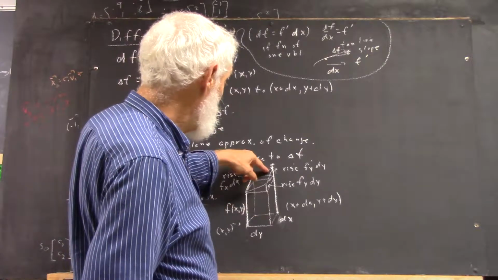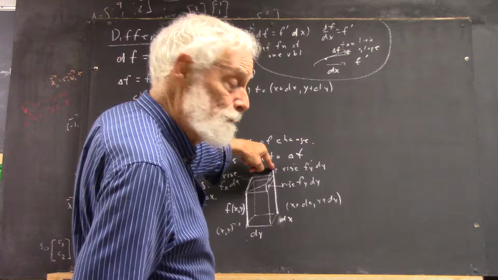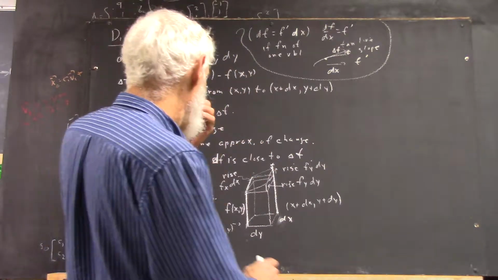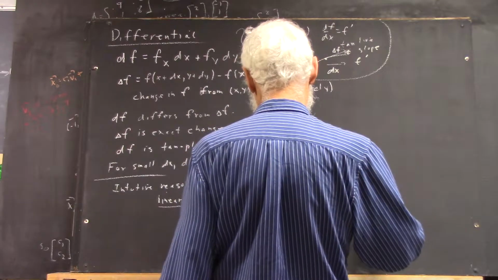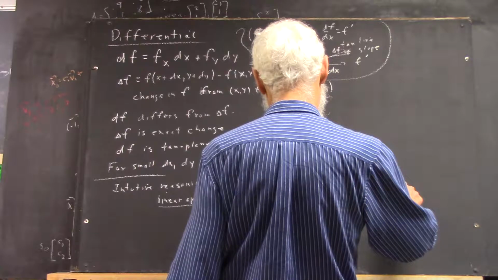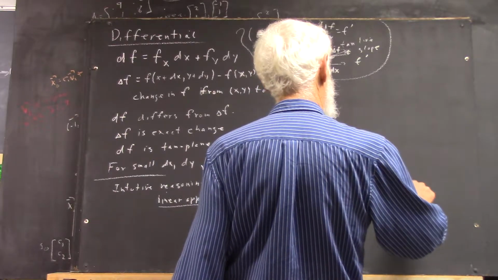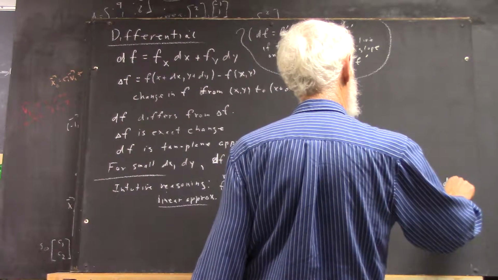If this is similar to this, then this has to be similar to this if it ends up at the same point, right? Okay? So what we have then is f of (x plus dx, y plus dy).